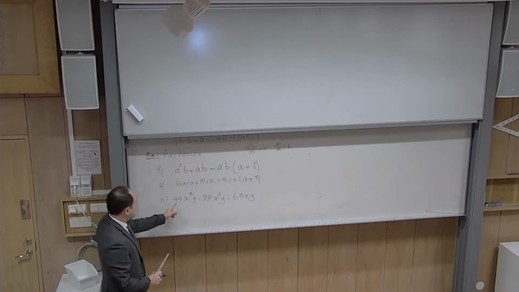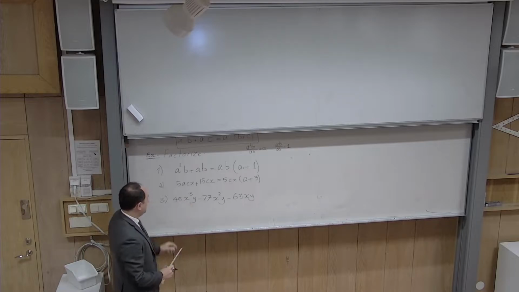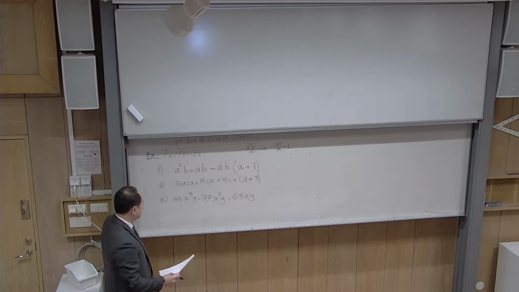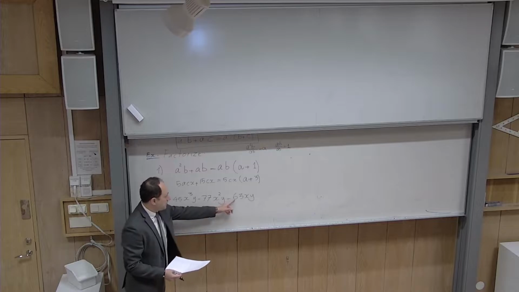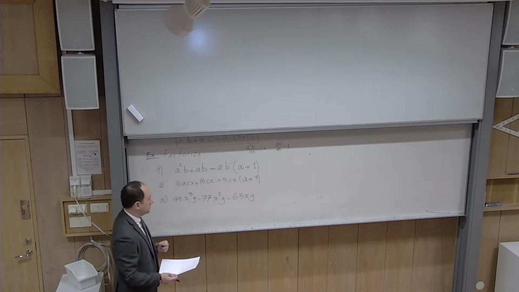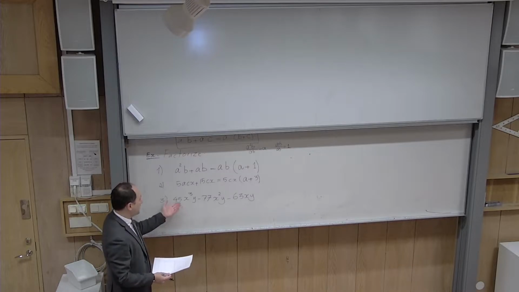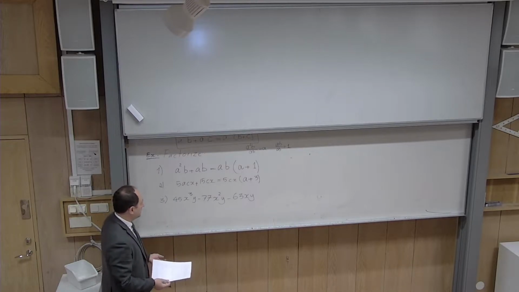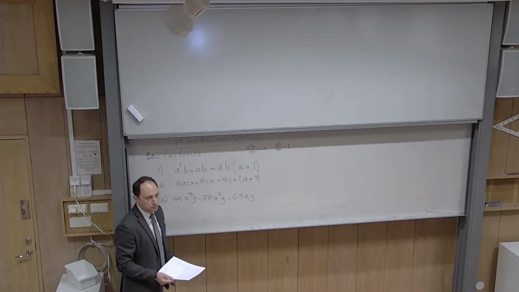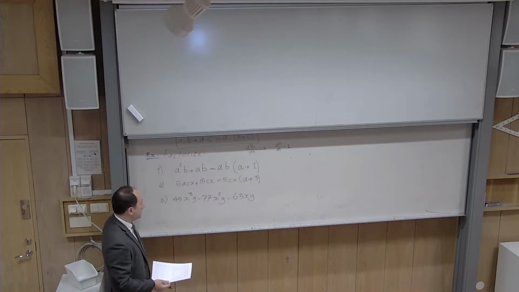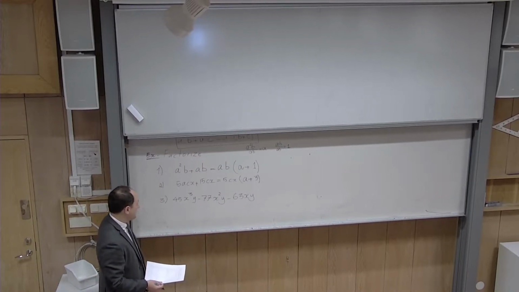So you realize, is there something in common between numbers? Nothing is in common between numbers, yes? Because you see that these two numbers have a factor of 7 in common. But 7 is not a factor of 45. 45 has factors of 5 and 9. But none of them are factors of these two numbers. So here I cannot pull any number out, can I?